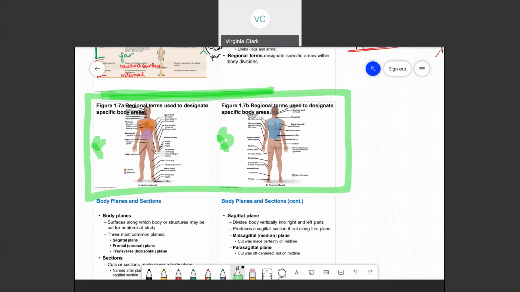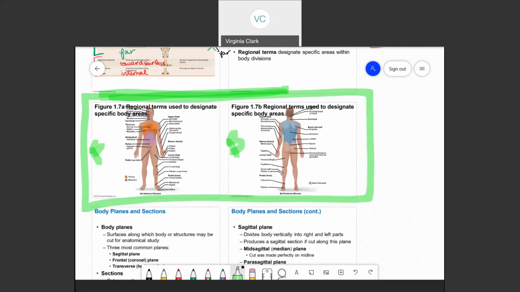From now on, we're going to use these terms or these nouns when we are talking about the actual anatomy itself. So for example, when we start talking about the neck, we're going to call it the cervical region. So if I throw out the cervical region, you need to remember that the term I am using is the anatomical term, so you need to have these memorized.